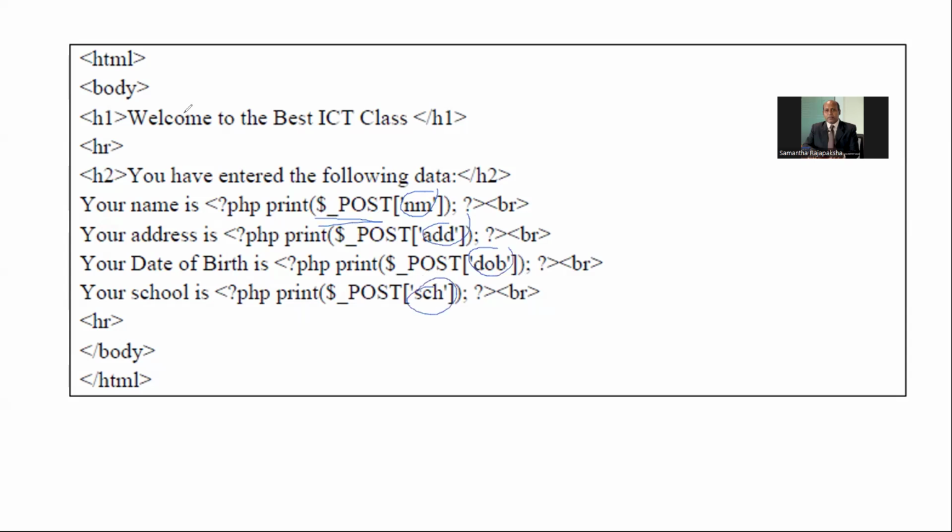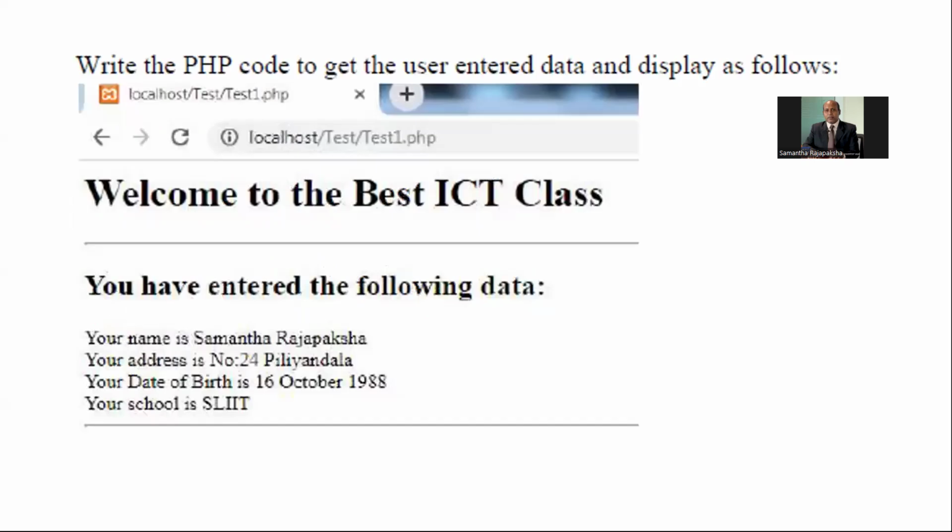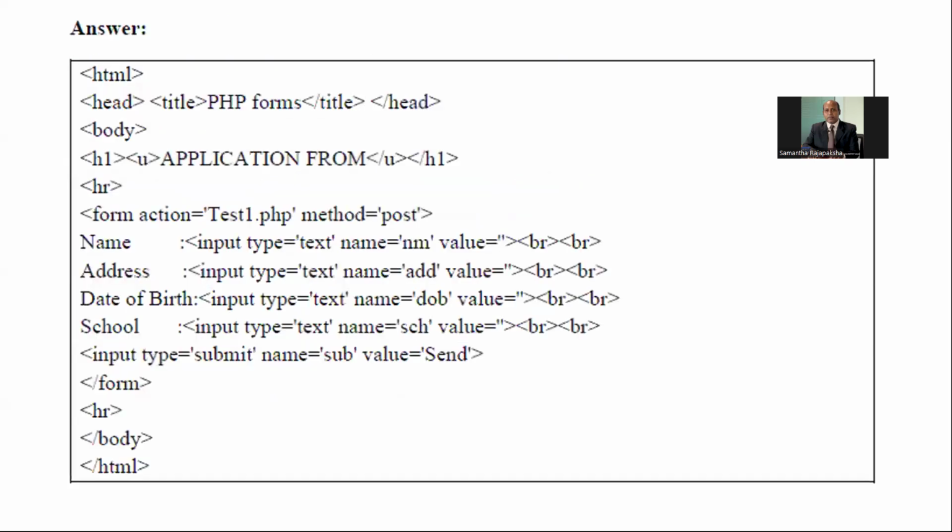Because we have given those names when we are creating the page here, those are the names you have given. Like here you can see, this is name, this is address, this is date of birth, this is school.